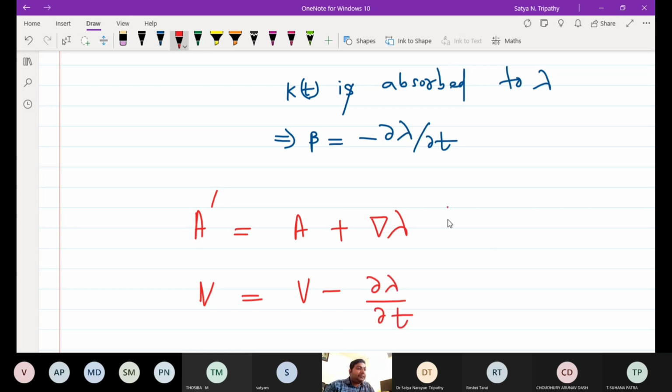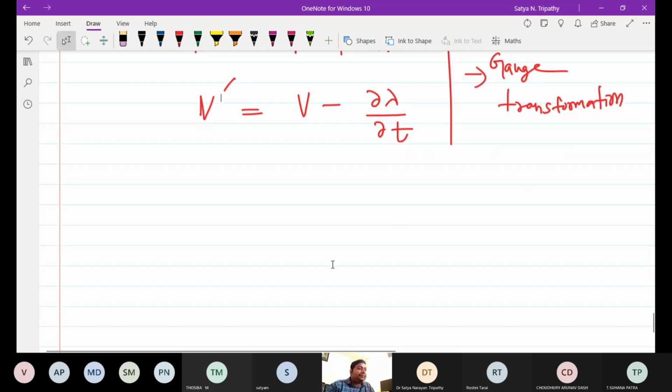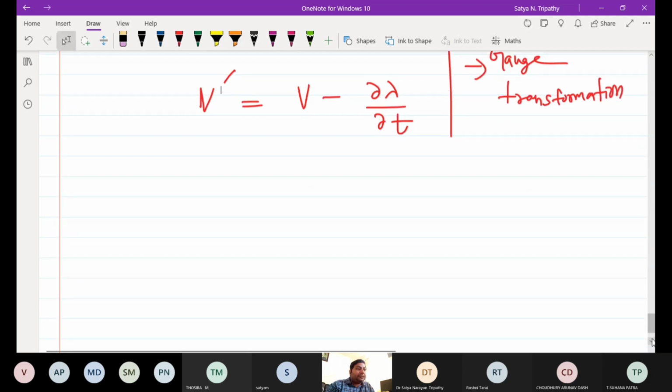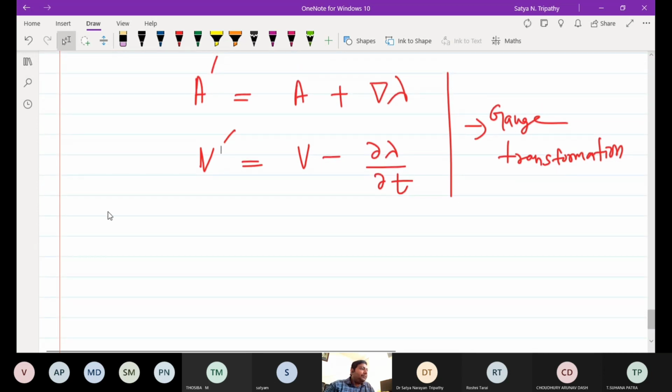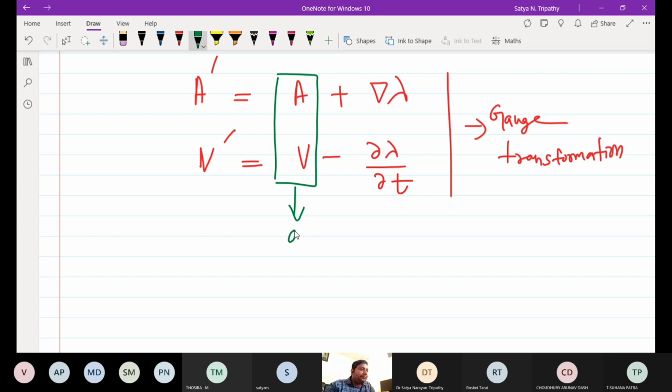This is the gauge transform. What physically it signifies is, this is old and this is new.